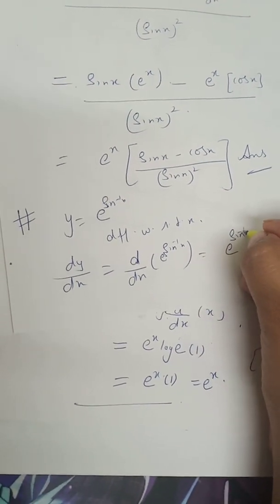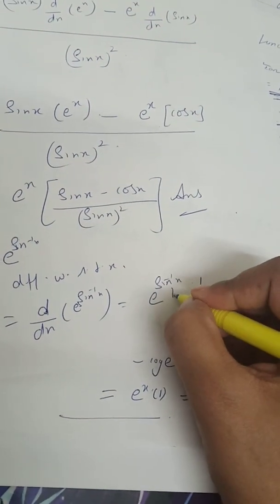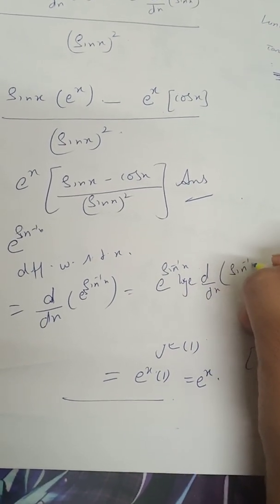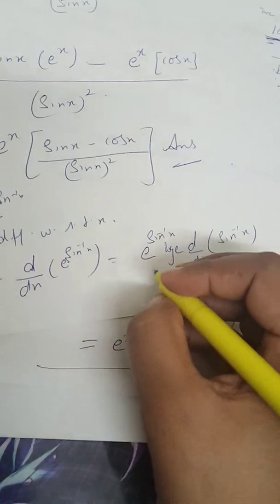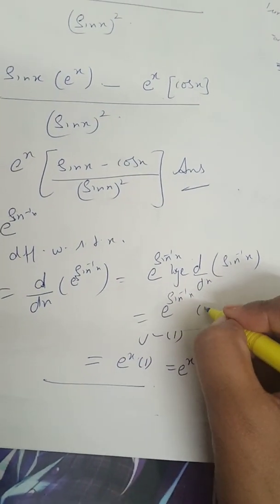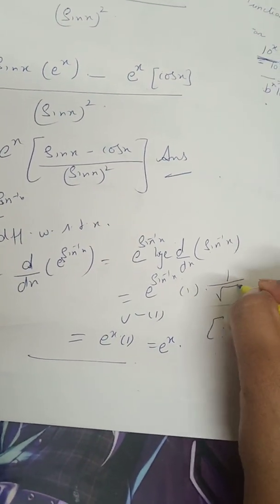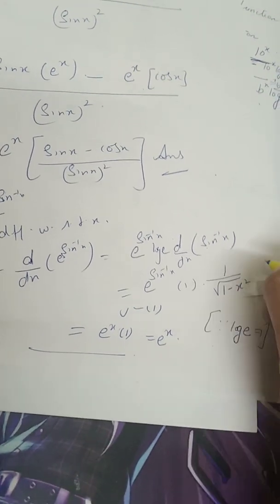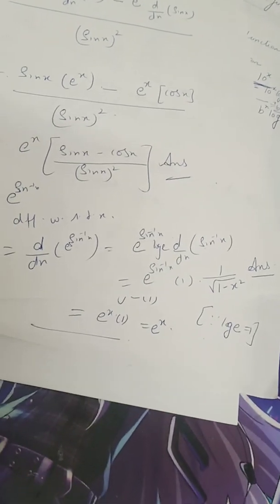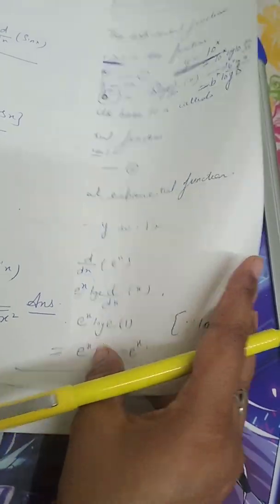According to the rule, write e to the power sin inverse x as it is, then log e, and then afterwards the derivative of sin inverse x. e to the power sin inverse x as it is, log e is 1, and we know the derivative of sin inverse x is 1 by root 1 minus x square, and it is the answer. Okay students, this is the derivative of the exponential function.